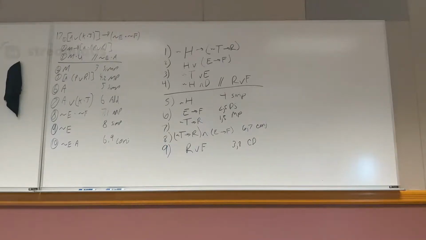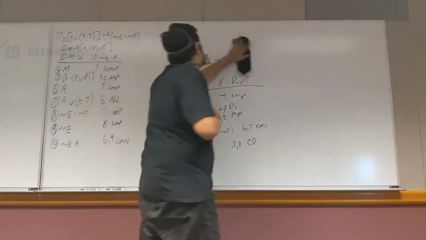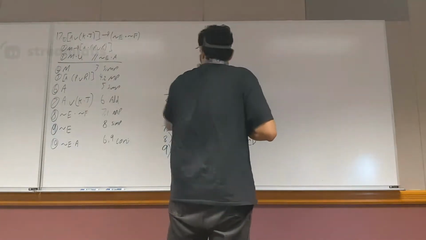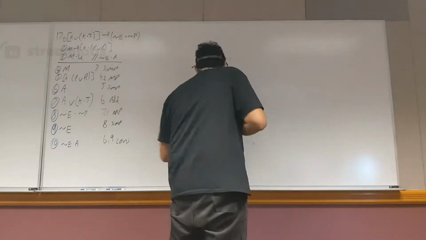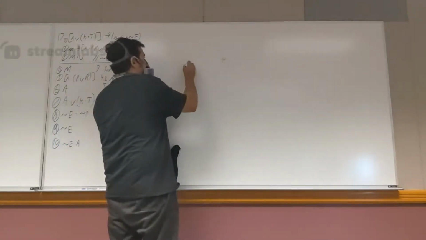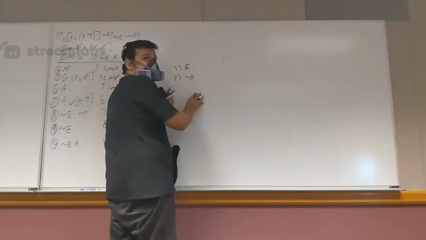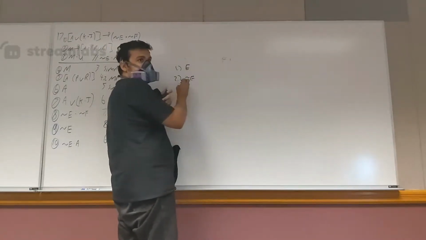This was symbolic logic, but if memory serves me right, if you have E and not E in the same one, you could basically infer whatever. Because you can add to not E, and then you can prove the other one correct by using, I remember what rule that is. So if I had a contradiction like E here and not E here, and then what were you saying I could do?